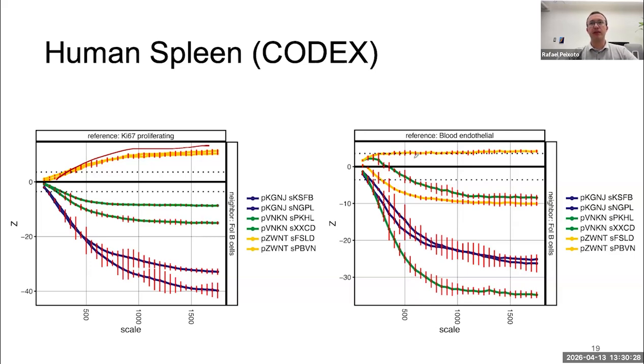But also, these relationships are not always consistent across patients. So for example, here we have a positive z-score trend for one of the samples, and here we have a negative z-score trend for another of the samples coming from the same patient, which could be from technical artifacts. It's hard to know, but in some of these cases we can see consistency across patients.